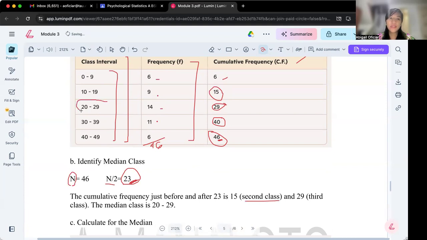Definitely, andito siya, di ba? Either dito, or pwede ring pumasok dito.